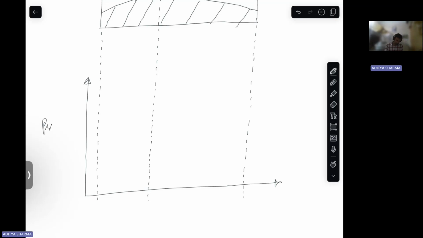So along the y-axis we will have pressure, along the x-axis we will have length, right?